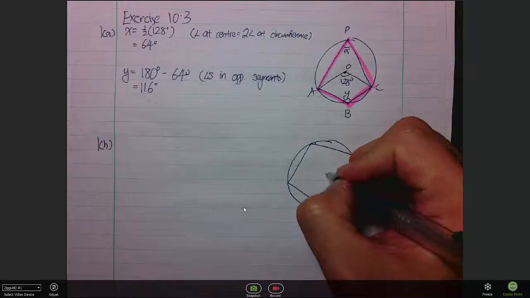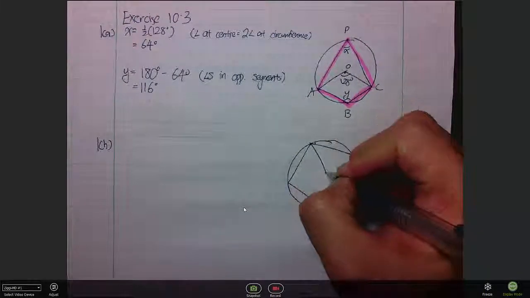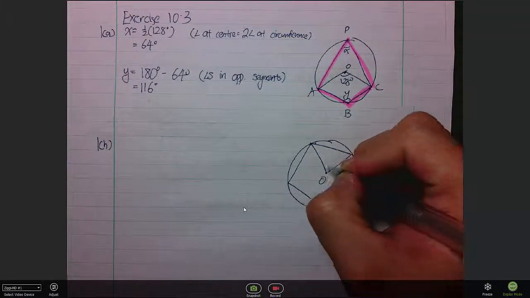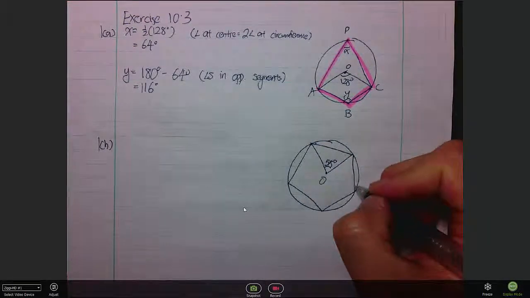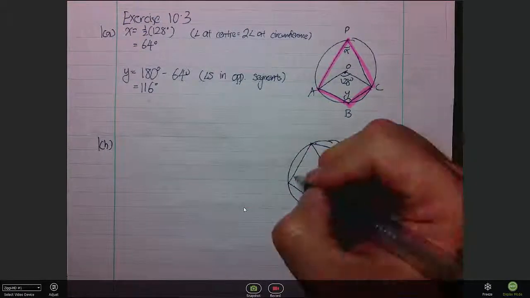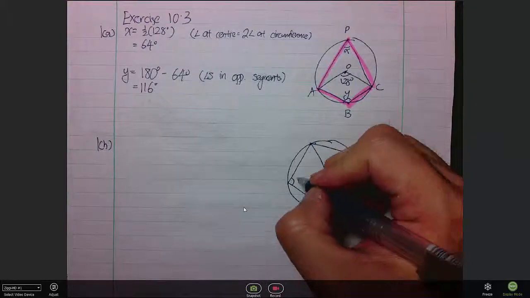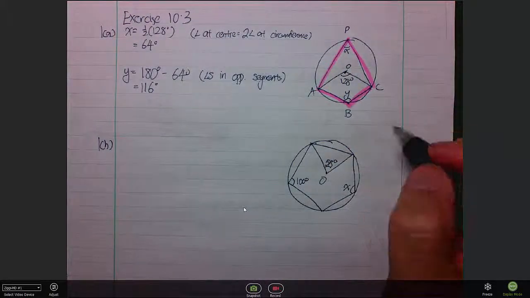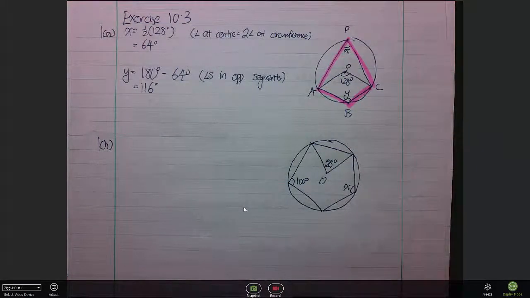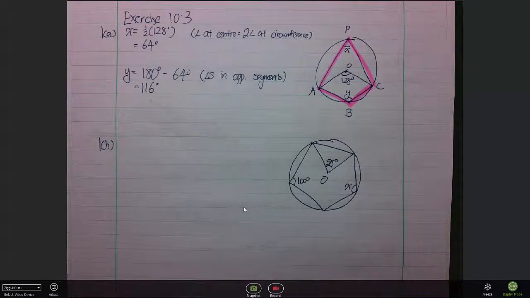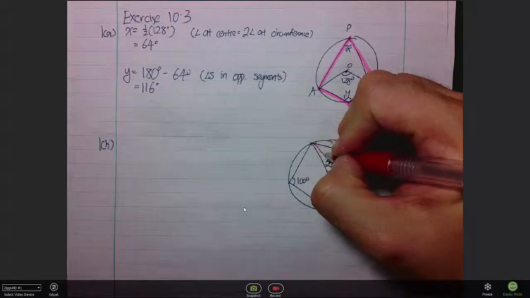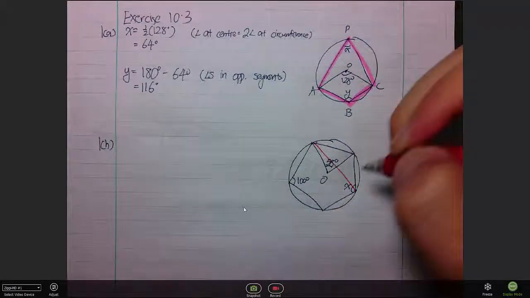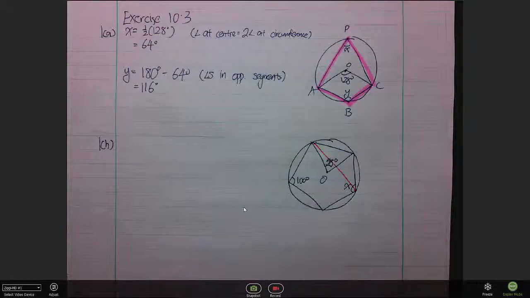And we have this angle here, O, which is 58 degrees. Then we have the angle x down here, and we have the 100 degrees over here. This question requires just a bit more thinking. What we need to do is add an extra line here, like this. The one in red is the extra line.